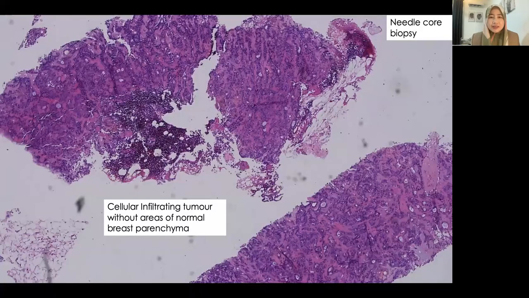All right. Now, let's look at the biopsy. This is a needle core biopsy. Under scanning view, it shows a cellular infiltrating tumor without areas of normal breast parenchyma.